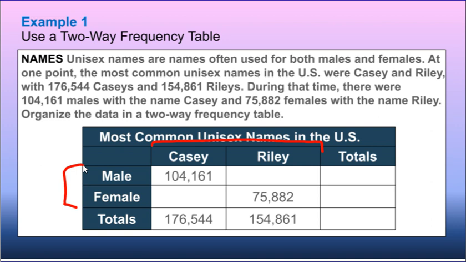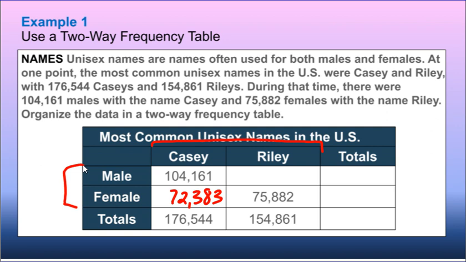To find that, we're going to take 176,544 and we're going to subtract 104,161. And that's going to give us a total of 72,383. Now, if I were to add 104,161 and 72,383, I would get the total of 176,544.